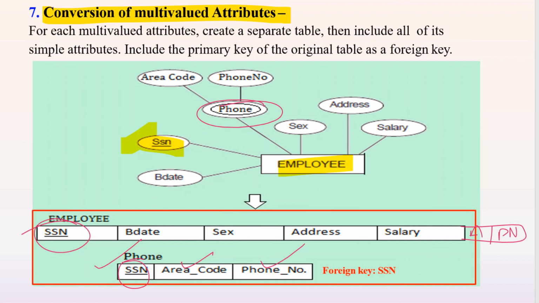Here phone number is also a composite attribute because it is composed of area code and phone number. So this is the option for how we can convert a multi-valued attribute. If we have only one field, then we will be storing SSN and phone number only. Here area code is also there because phone is a composite attribute. So this is the option.